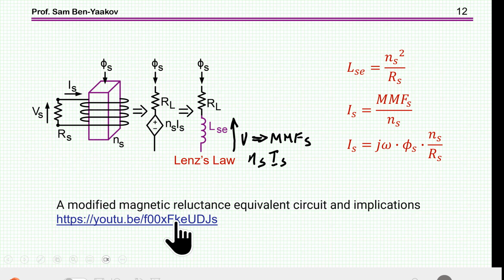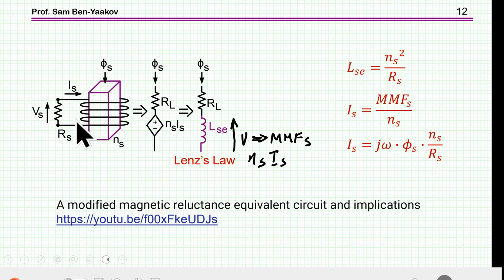What I'm showing in this video is that rather than having this voltage source, we can replace it by an inductor. Now the value of this inductor is N squared over Rs, okay? The number of turns and the resistance.